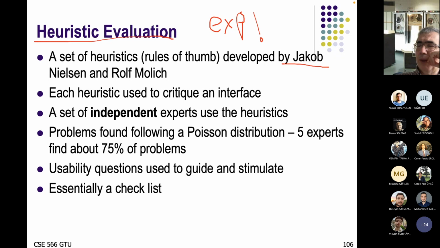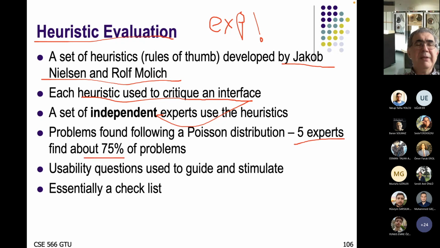So they are developed by golden rules, Jakob Nielsen and Ralph Molich. Each heuristic is used to critique the interface, and experts do the critique. And generally, if we do the heuristic evaluation with 5 experts, then we will find 75% of the problems without doing an experiment.